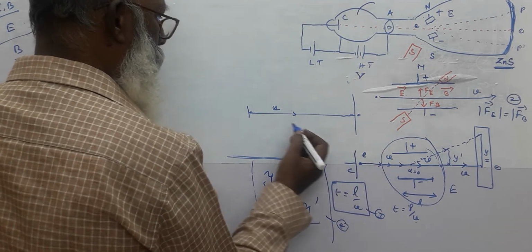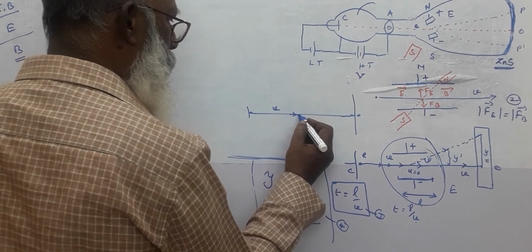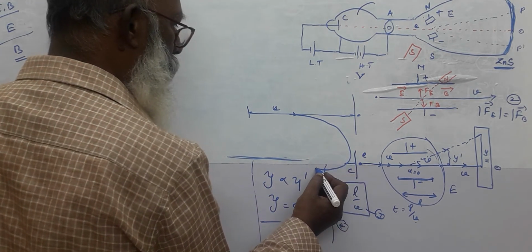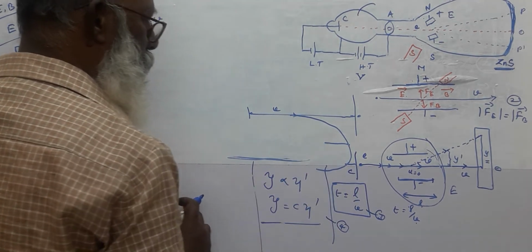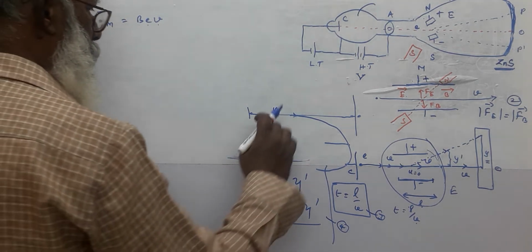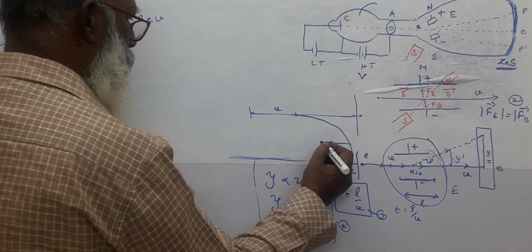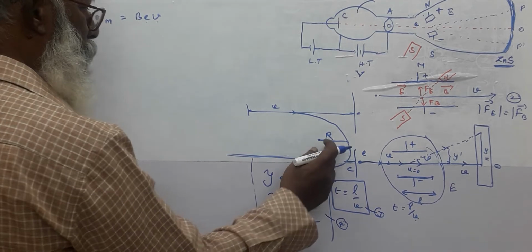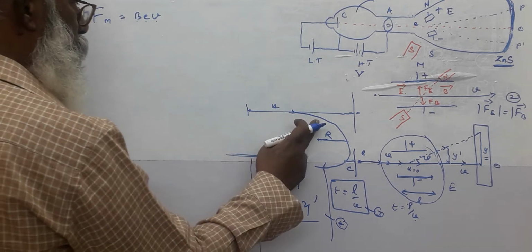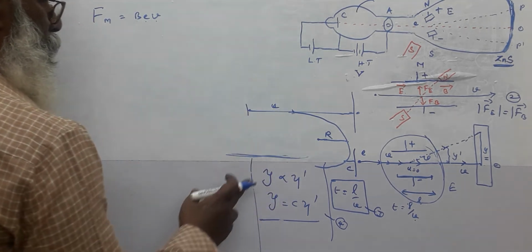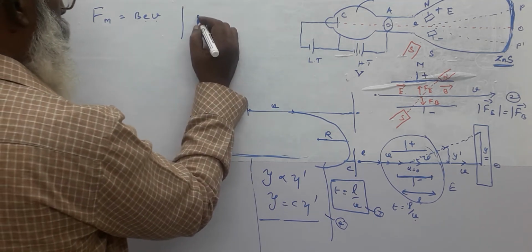With the magnetic field applied, the electron turns off its straight path into a circle, that is, a semicircle. We have to consider the radius of this semicircle, and the applied magnetic field leads to a centrifugal force on the electron.